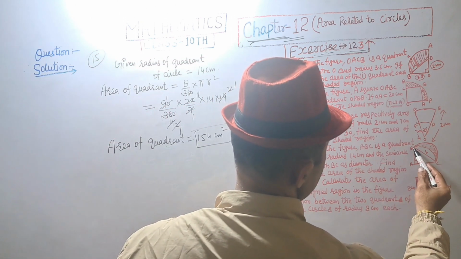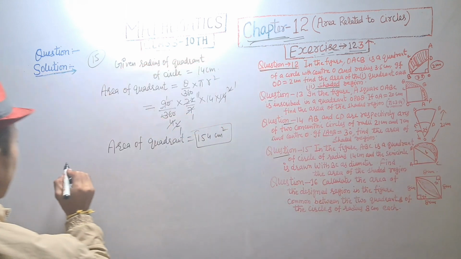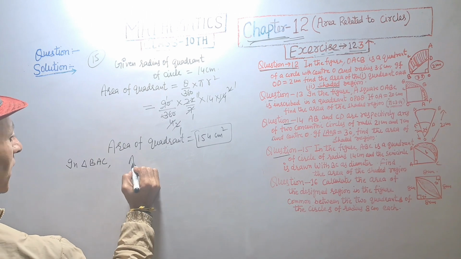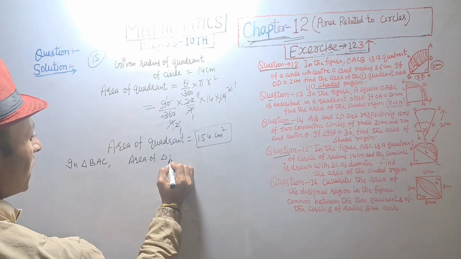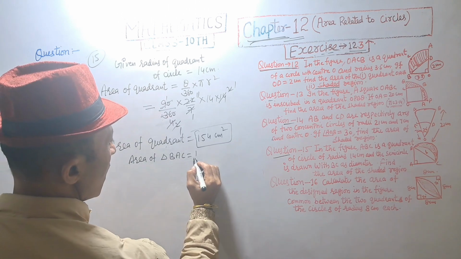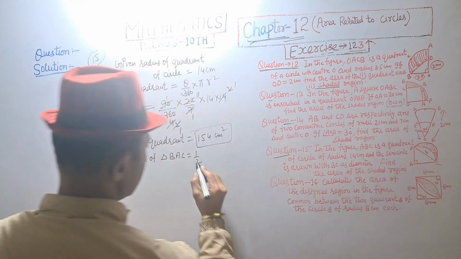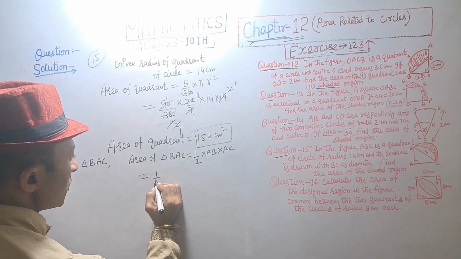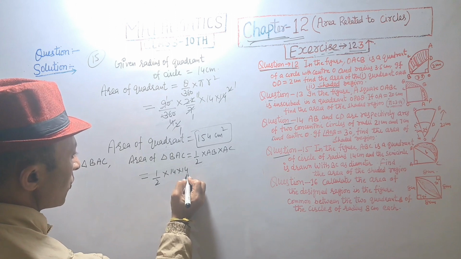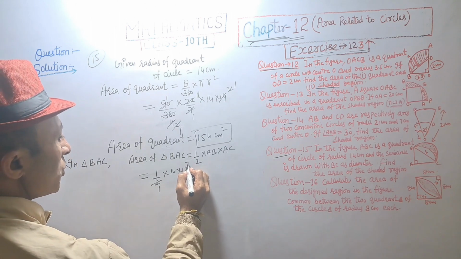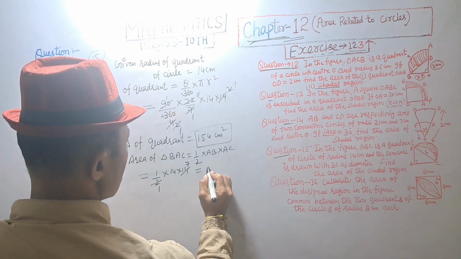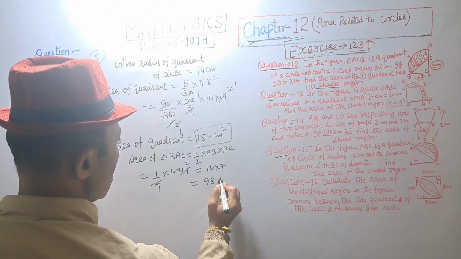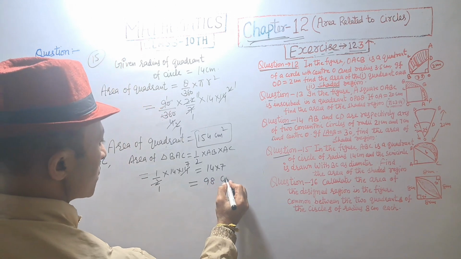And in triangle BAC, area of triangle BAC is half into AB into AC, that is equal to half into 14 multiplied by 14, 2 1s are 2, 2 7s are 14, that is 14 into 7, that is equal to 14 7s are 98 centimeter square.